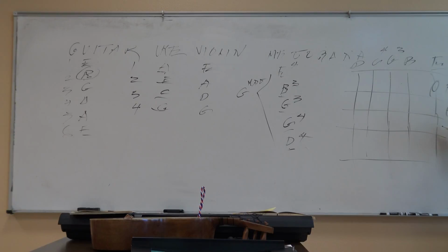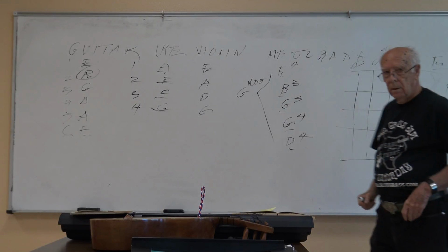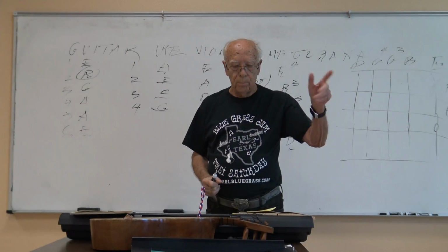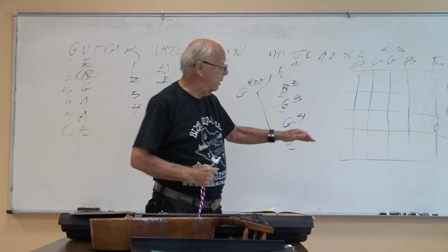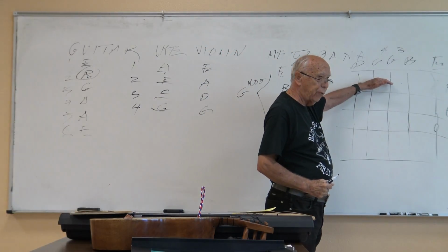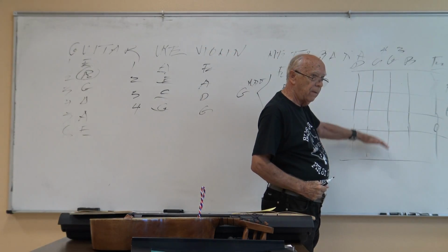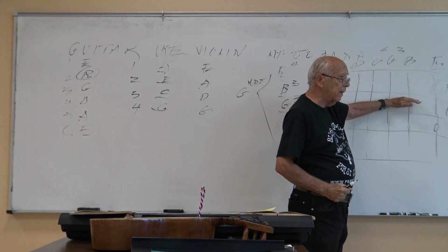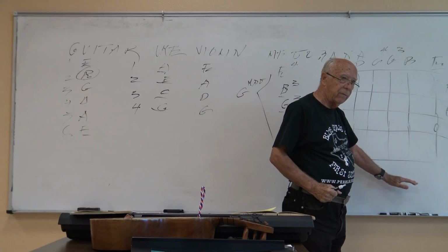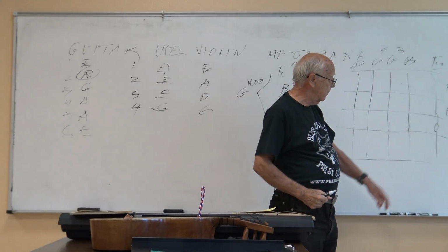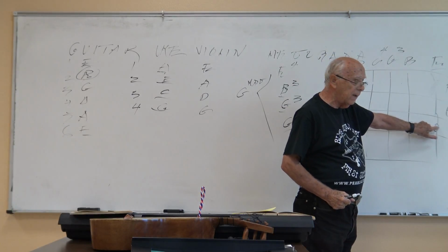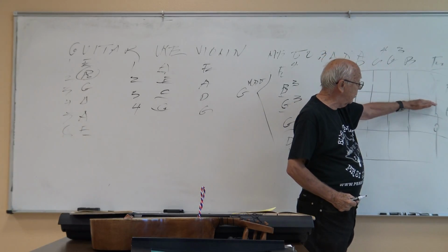If I put my finger here, this string now becomes a G. So that's what you're doing when you put your finger on, these are called frets, a fretboard. So first fret, second fret, third fret, fourth fret, fifth fret, and so on. So when you put your finger here, that's the third, 1, 2, 3 fret.